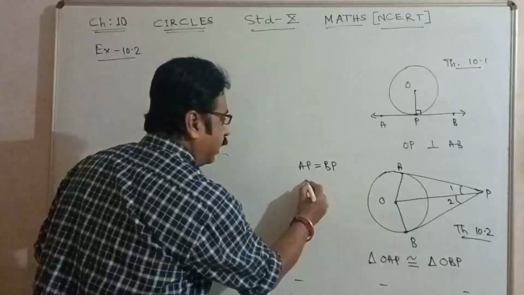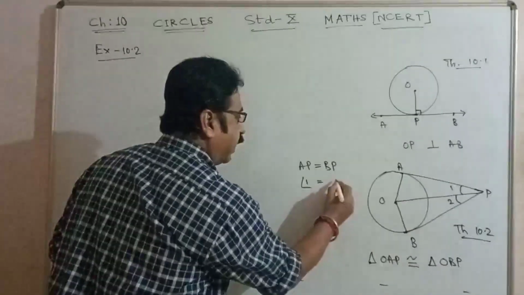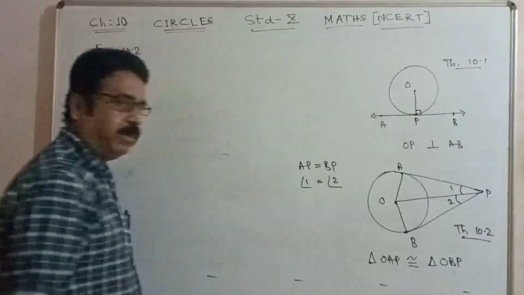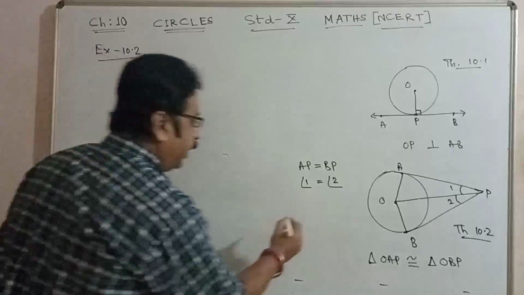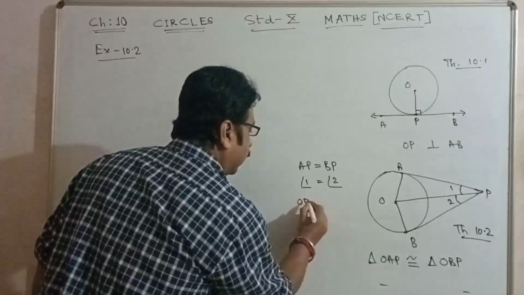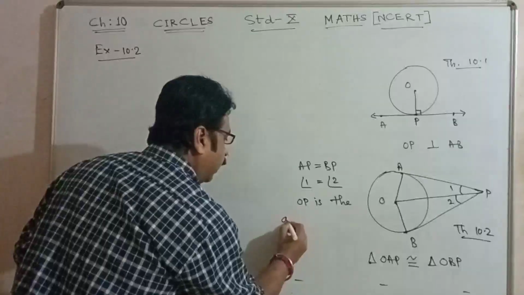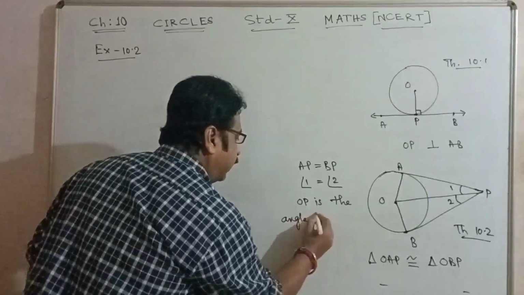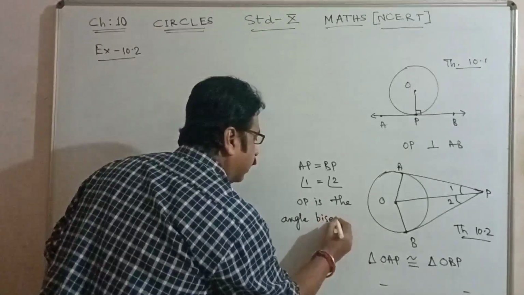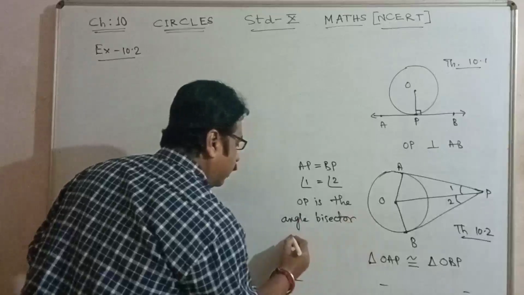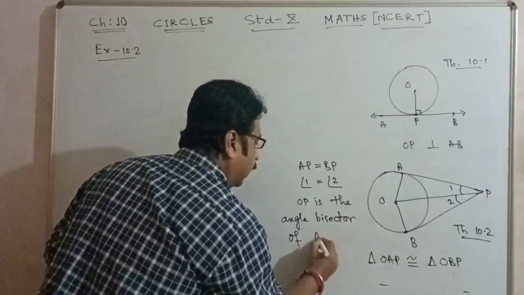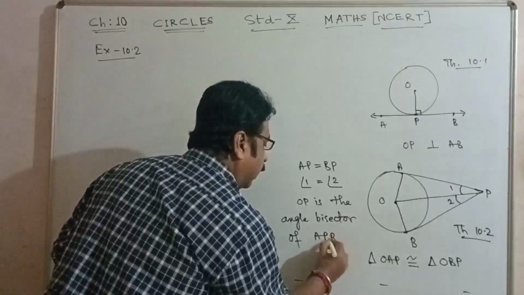We got angle 1 equals angle 2. That means OP is the angle bisector of angle APB.